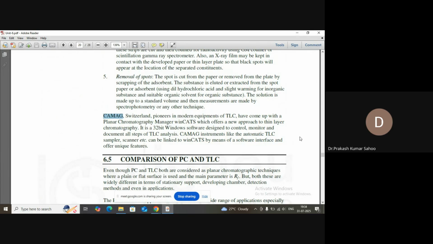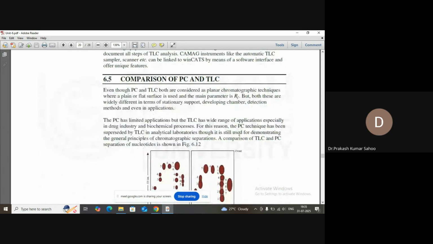Camag instruments like the automatic PLC sampler, scanner, etc., can be linked with CATS by means of a software interface and offer unique features. That means these are very advanced tools, which are primarily used for time-bound work of separation using the chromatography technique.